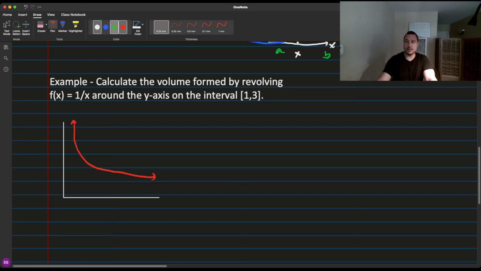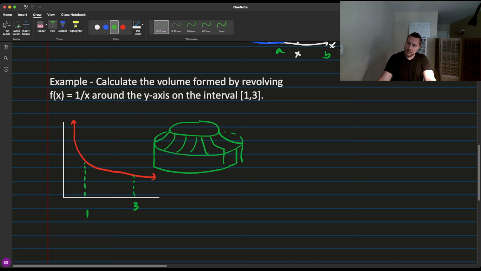It looks something like this. You're going from 1 to 3, so you're revolving that around. So you get this shape that sort of looks like this. So hopefully you can sort of see it. That's the 1 over x part, and then you get this shape like that.